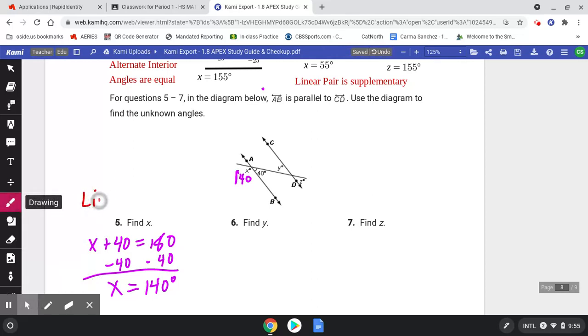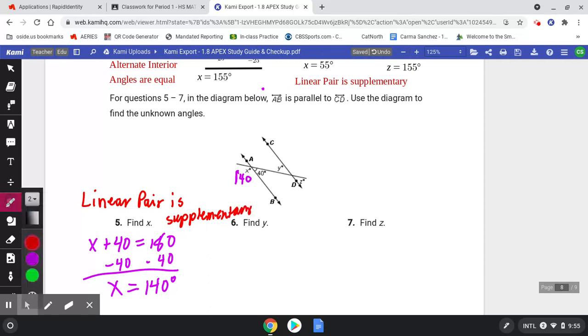And our reason is that linear pair is supplementary. All right, let's go find Y. Y is an alternate interior angle to the 40 degrees. So we would just say that Y equals 40, and then our reason is alternate interior angles are equal.